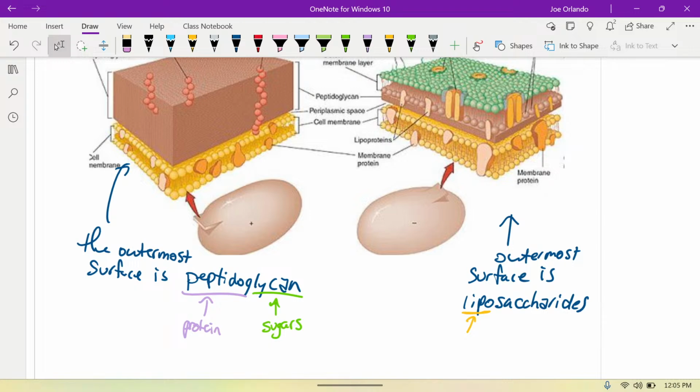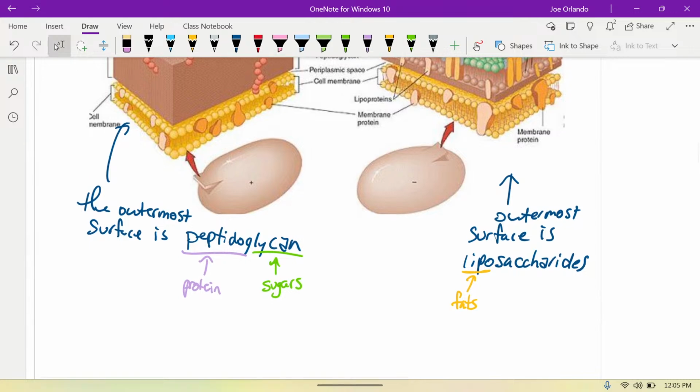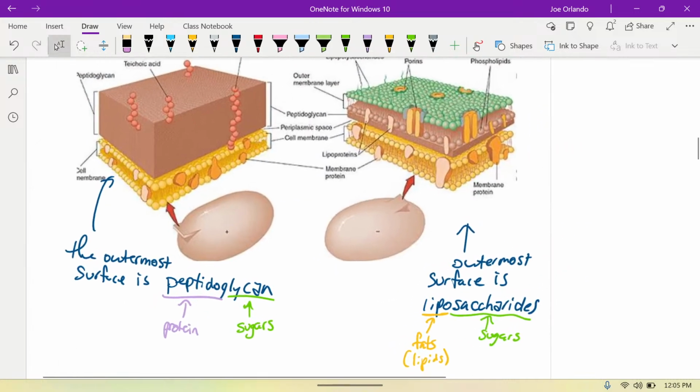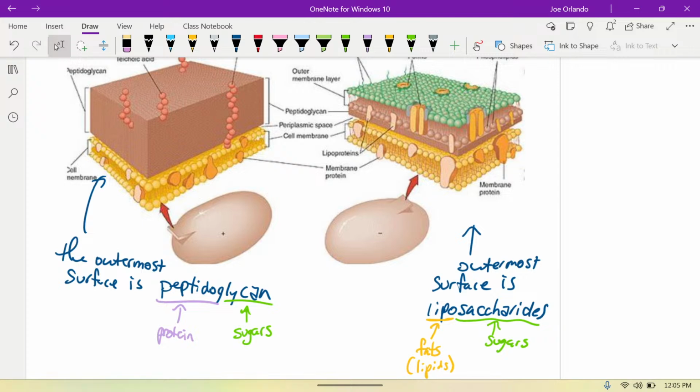Lipase is an enzyme that breaks down lipid-type structures. It refers to fats. Yeah, lipids. That's right. Very good. And then saccharide also refers to sugars. Here we've used glycan, and here we've used saccharide. But basically, I just want you to know that these names don't just mean nothing. They describe what these molecules are.